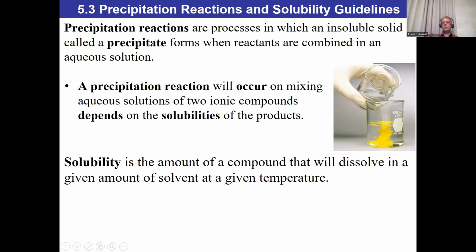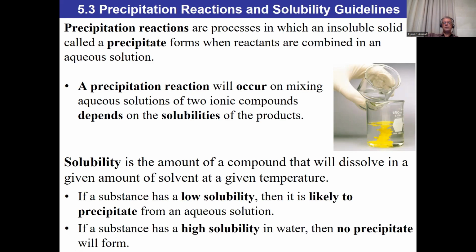A precipitation reaction will occur on mixing aqueous solutions of 2 ionic compounds, depending on the solubility of the product. If one of the products is insoluble, a precipitate forms. Solubility is the amount of compound that will dissolve in a given amount of solvent at a given temperature.